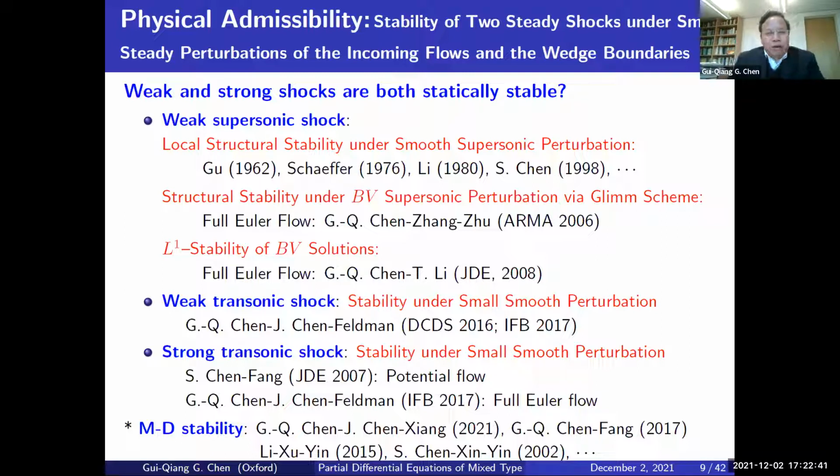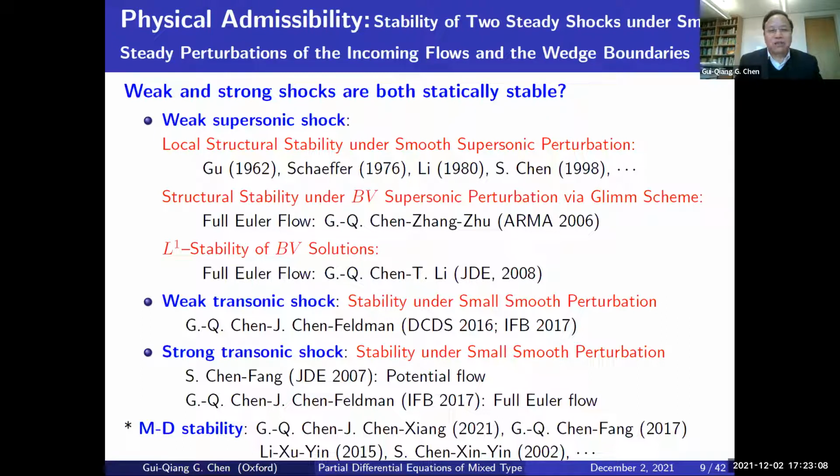So what we understood for steady perturbation, for stability, is the following. Weak shocks, supersonic or transonic, are always stable under a very general class of perturbations. Why do we understand that experiments could not see the strong shocks?